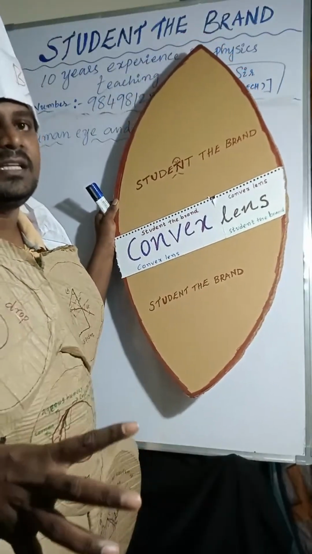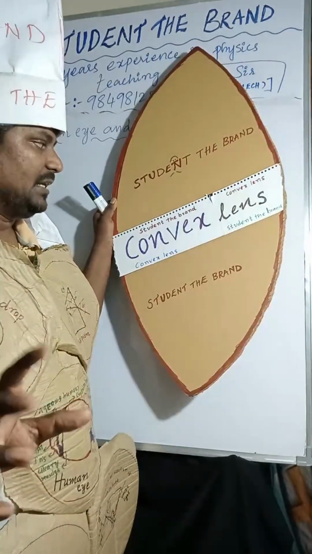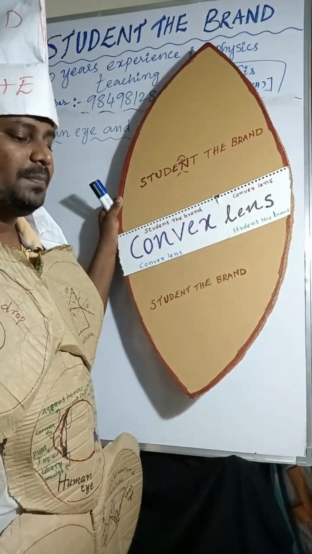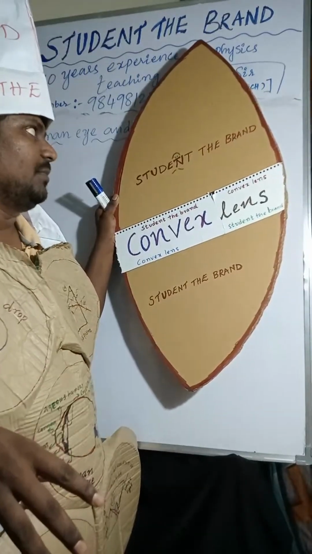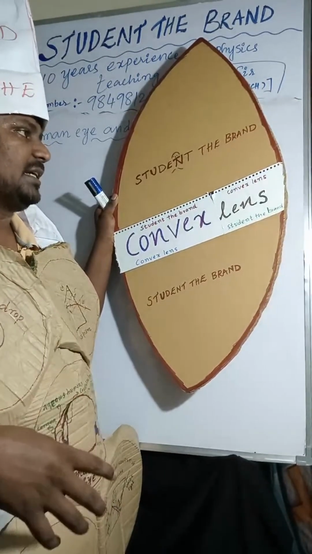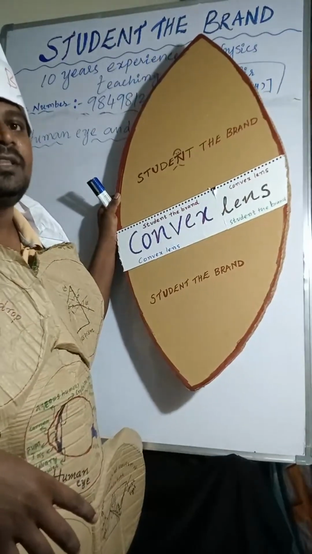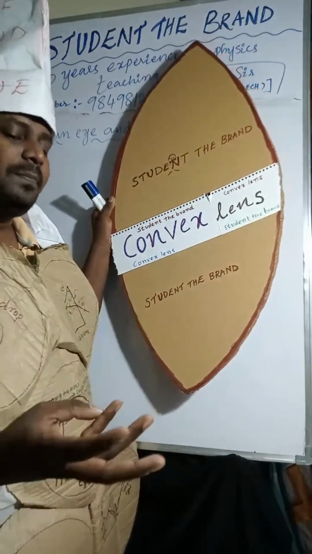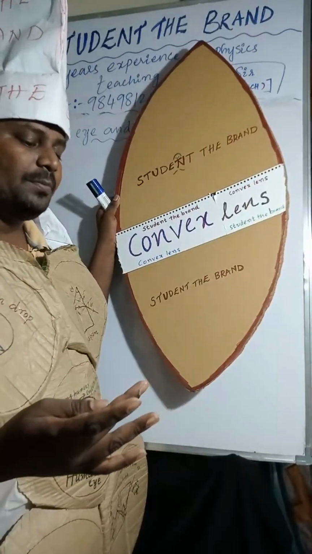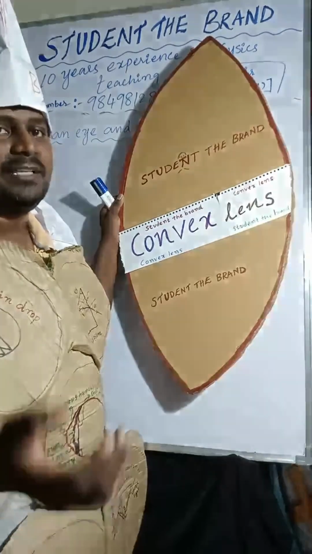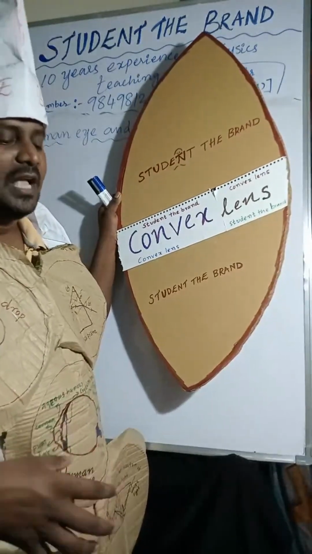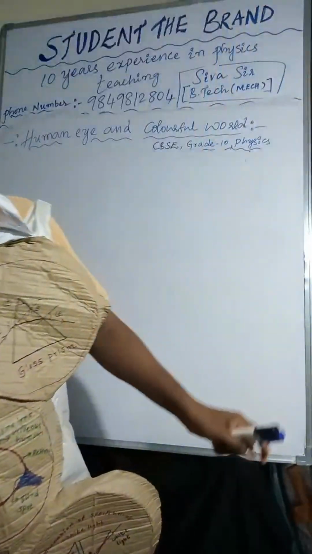According to our syllabus, there are several defects: myopia, hypermetropia, presbyopia, cataract, and astigmatism. We will discuss what myopia and hypermetropia are. These defects we will discuss. Now we are going to discuss myopia.